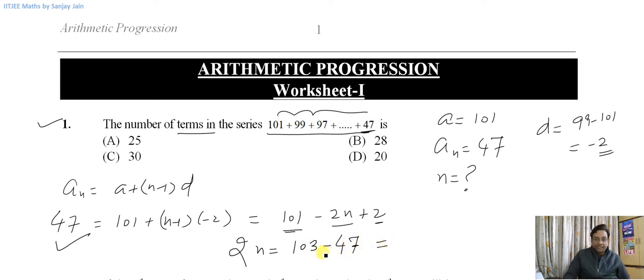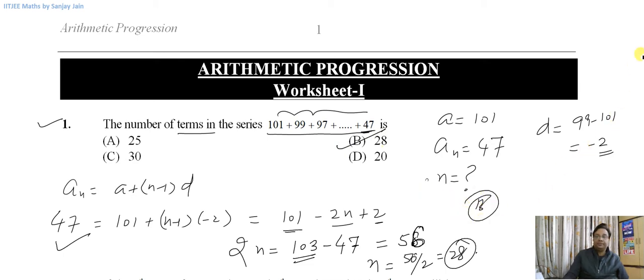If I subtract 47 from 103, it will give me 56, right? Because if I subtract 50 from 103, it will give me 53 and then add 3, so 56, right? So what will be n? N will be 56 by 2, that is 28. Out of the given options, option B is the correct option, right?